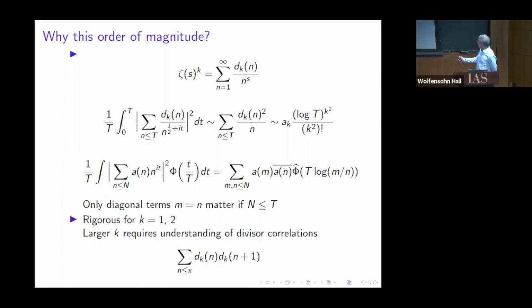You can actually make this precise for k equals 1 and 2, and that's the theorem of Hardy and Littlewood and Ingham. But for larger values of k, you need to understand things like divisor correlations, for example the 3-divisor function, d_3(n) times d_3(n+1), which is still an open problem. And there are conjectures for how these divisor correlations look. And then you can hope that you can take these conjectures and get guesses for how the higher moments should grow.